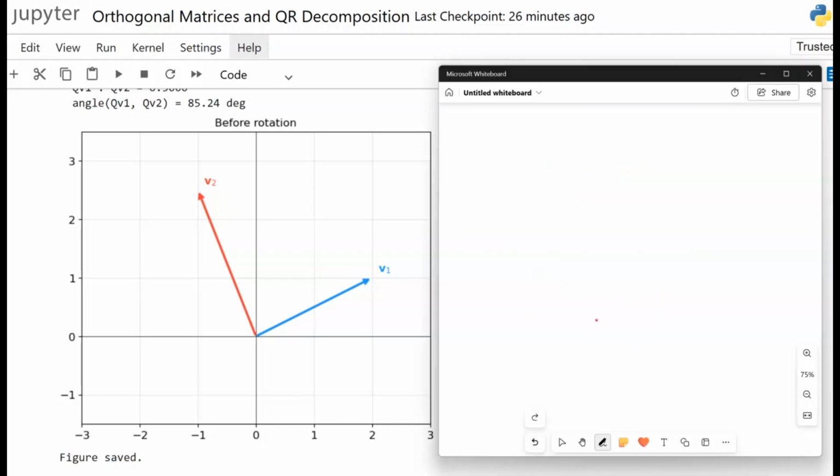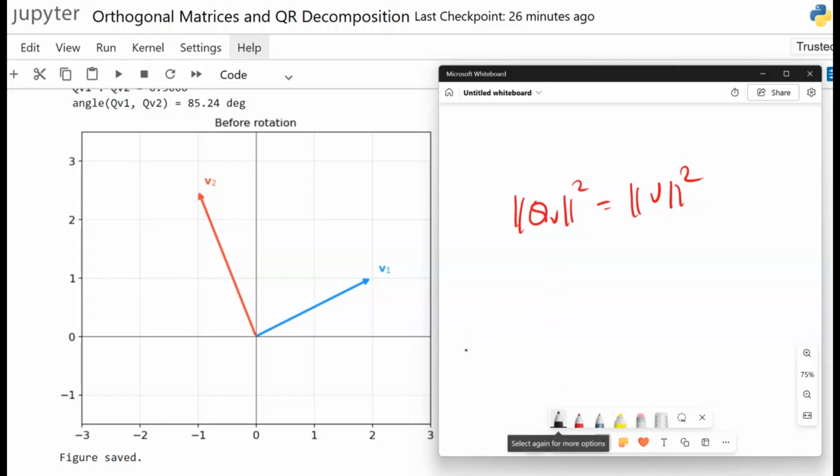And yes, dear friends, previously we discussed length preservation, where the norm of QV square is equal to norm of V square. And here, with dot product preservation and angle preservation also, let me give the full proof sketch.